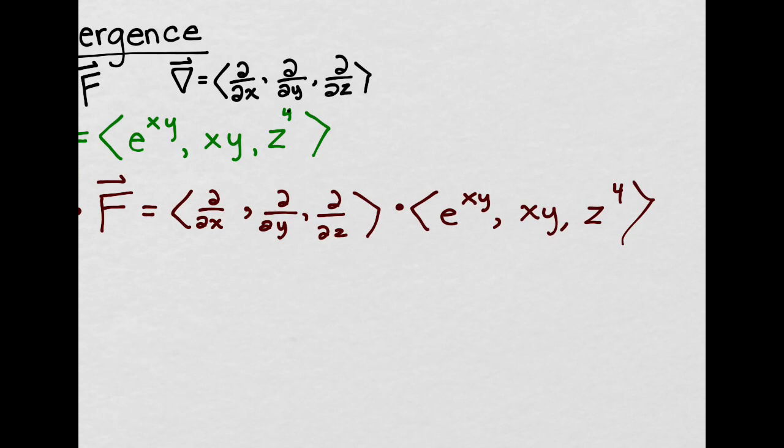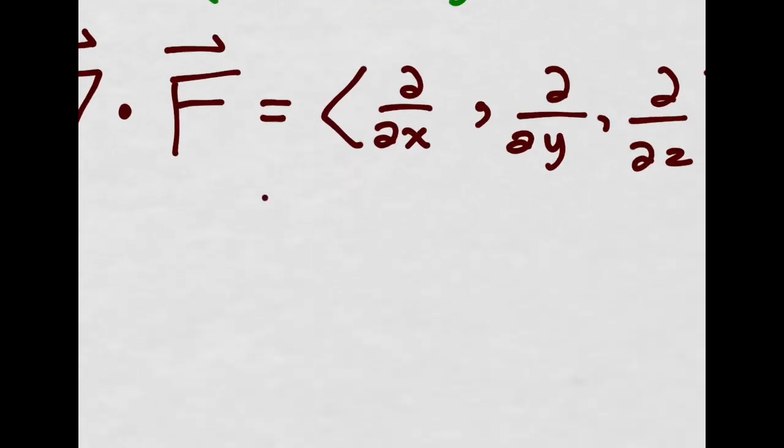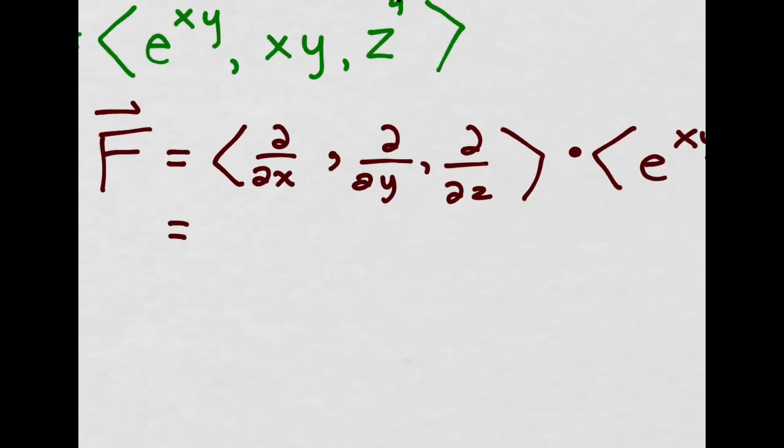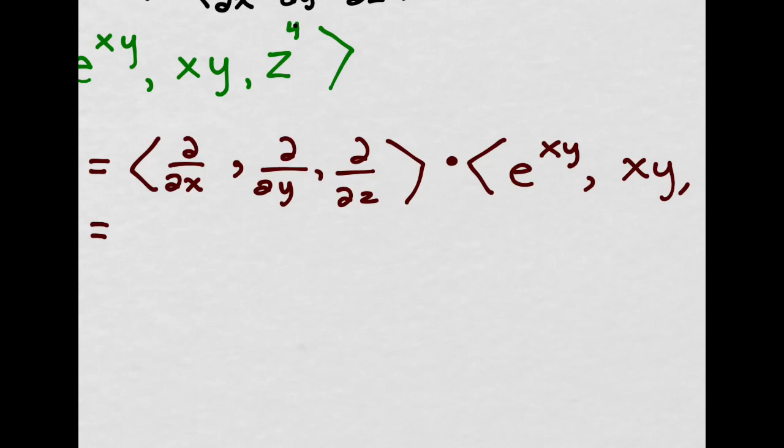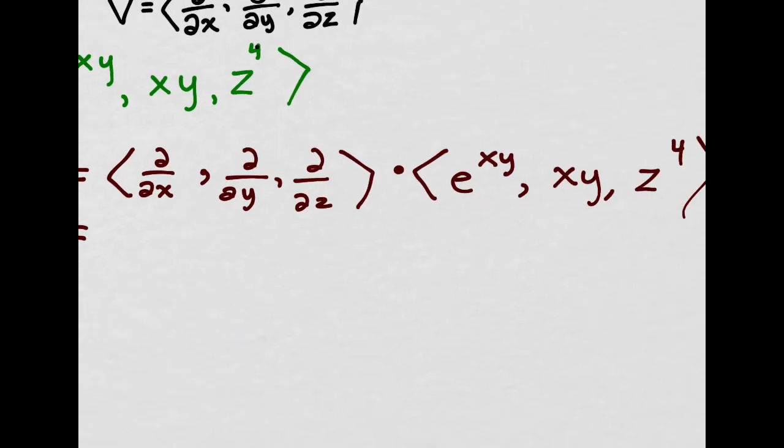Okay. Now we apply the normal dot product operation as if these are just normal vectors.